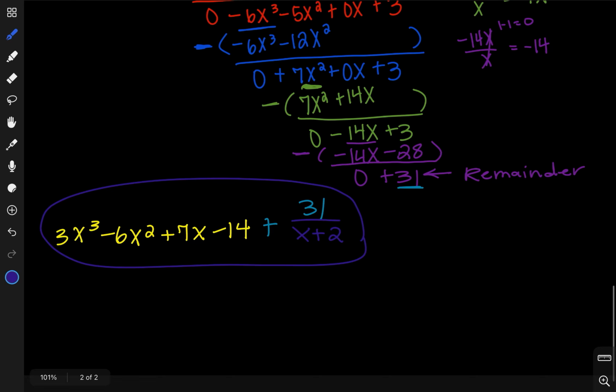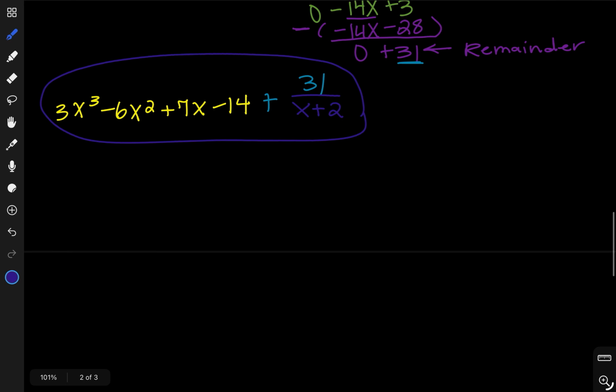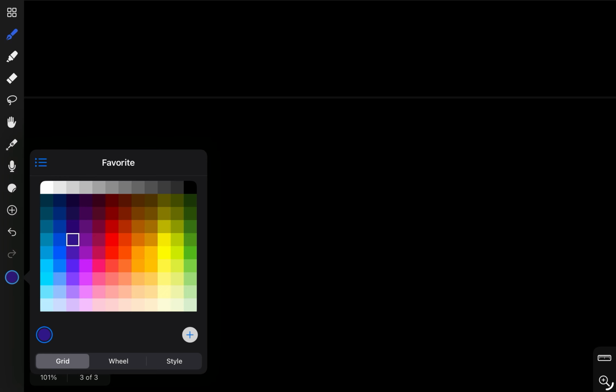Okay, let's do another one. Let's do this. X to the third minus 2x squared minus 4 divided by x minus 3. Okay, so let's go to format it again.